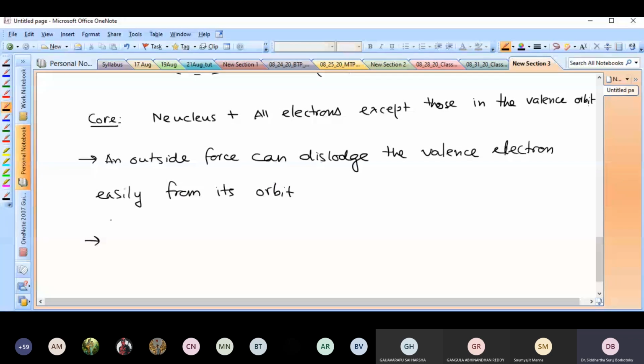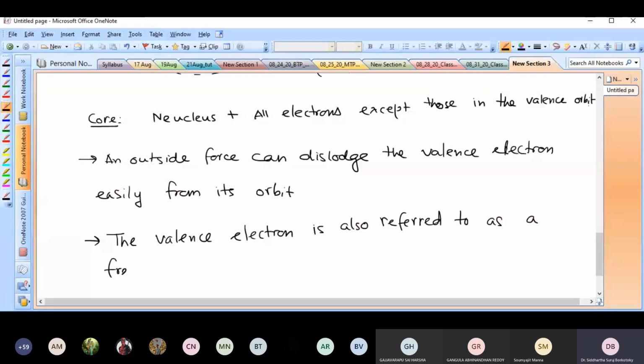Actually, the electron on the outer edge is also called the free electron. The typical definition is that the valence electron itself, which is capable of being dislodged very easily, is also referred to as a free electron.